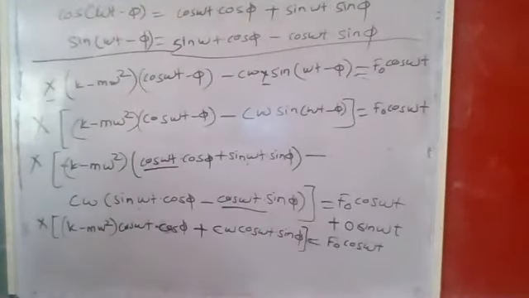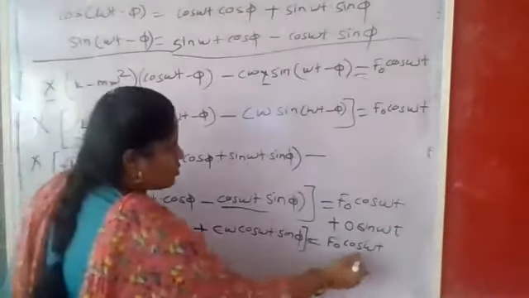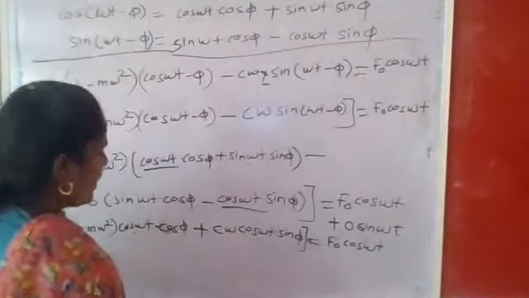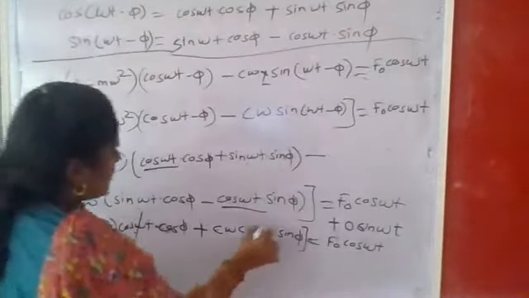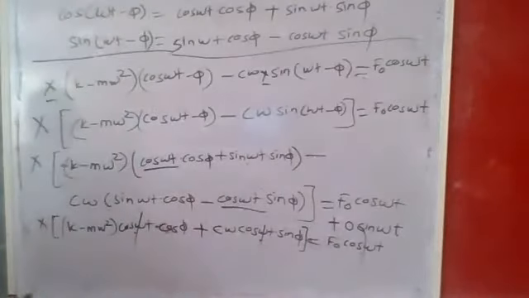How to split now? Look, or we introduce this first. Cos omega t is here, cos omega t is here and cos omega t is here, so we can erase this cos omega t on both sides. What is the remaining term?